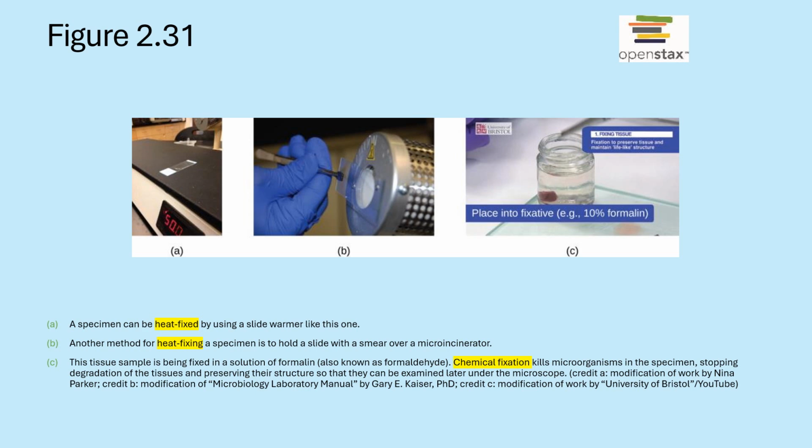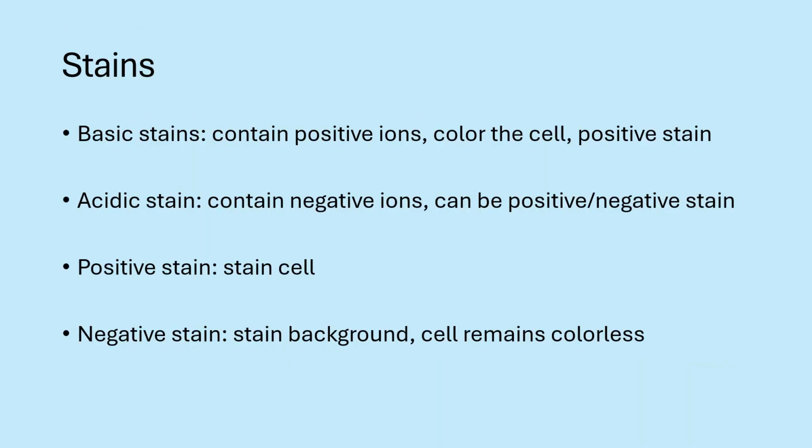We just have a flame in the lab. So if this was a burner and you had a flame, you just pass the slide through it. And sometimes you may use chemical fixation. Oftentimes in histology, which is dealing with tissue samples, they do a chemical fixation process where they stick it in a chemical.